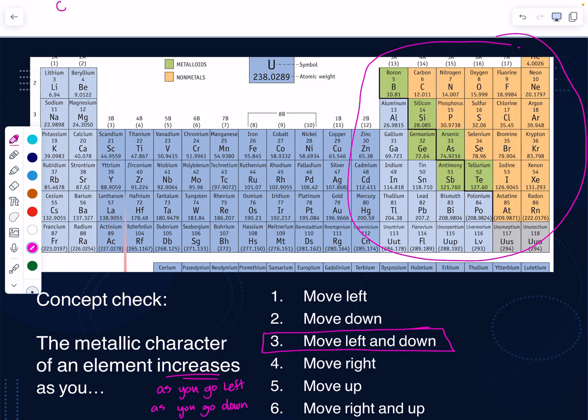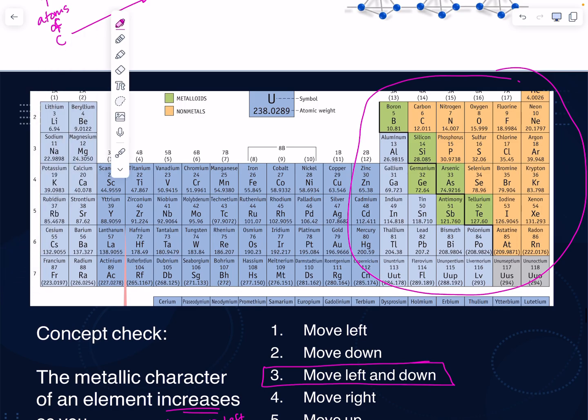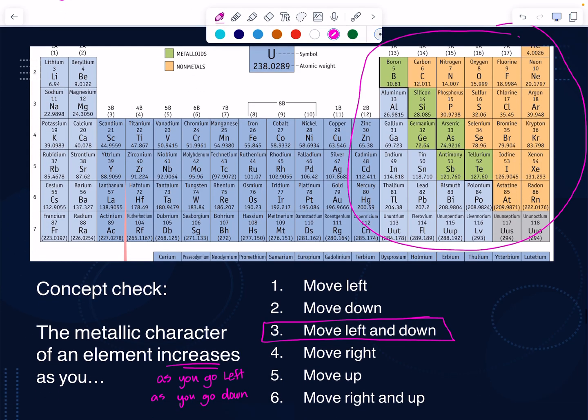And again, you're going to be doing a periodic properties lab, where you're going to be taking some samples of alkali metals, these guys right here, and putting them in water to see how they react.